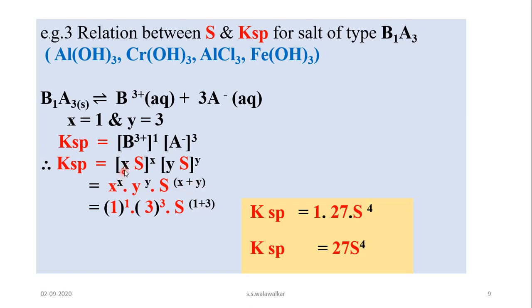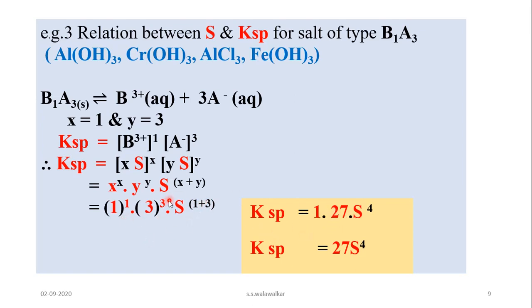Now if you substitute these values, X is equal to 1 and Y is equal to 3 moles of A ions, so 3 raised to 3 into S raised to 1 plus 3, and that is equal to what?